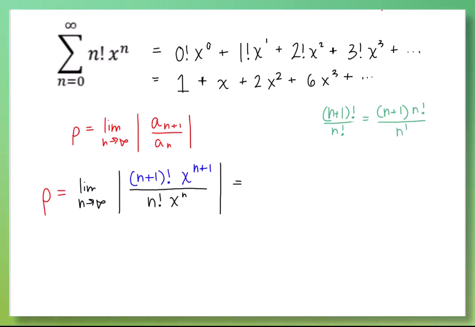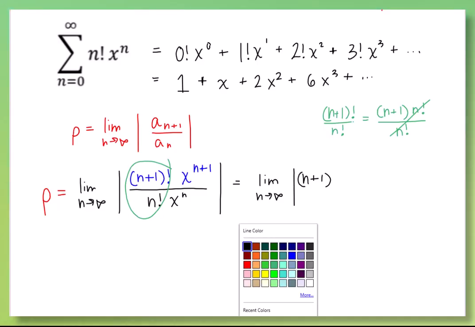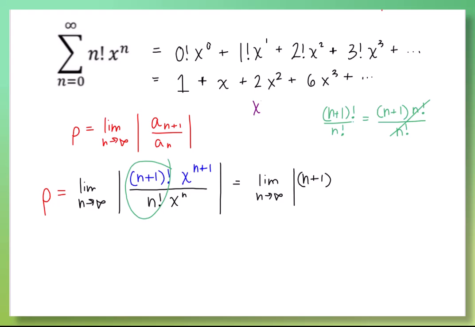So n factorial over n factorial cancels, and this first term just turns into n plus 1. So I have the limit as n goes to infinity of the absolute value of n plus 1. And then what happens when we simplify x to the n plus 1 over x to the n? We can subtract exponents, so that's n plus 1 minus n. We just end up with an x there.